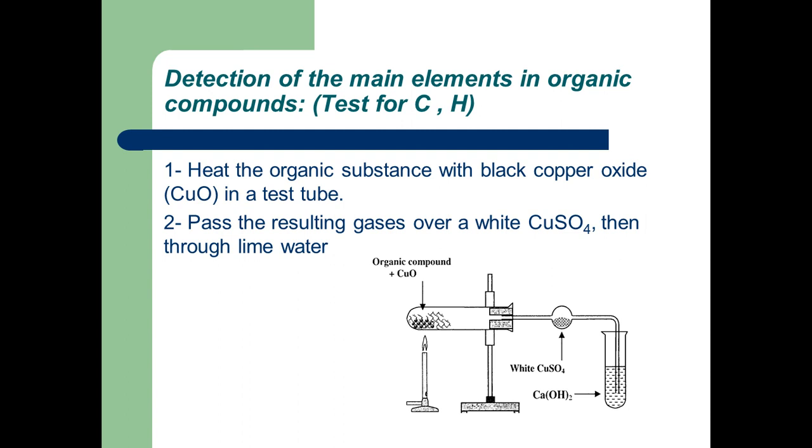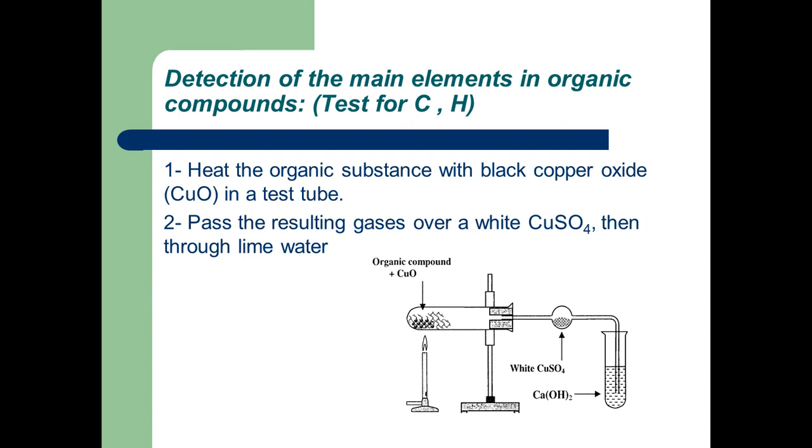Heat the organic substance with black copper oxide, which has the chemical formula CuO. Don't forget, copper in this formula is divalent and oxygen is also divalent. Put them in a test tube as shown in the figure. Heat them strongly and allow the gases to pass over white copper sulfate.